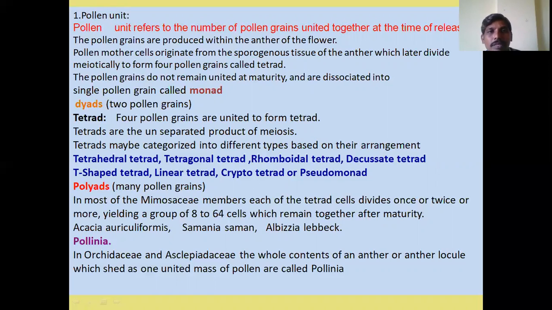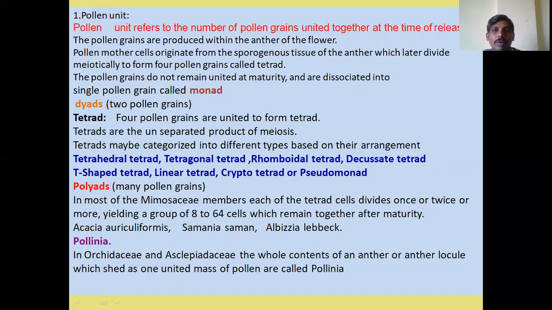The pollen grains are produced within the anther of the flower. Normally, PMC, pollen mother cells, originate from the sporogenous tissue of the anther, which later divide meiotically to form 4 pollen grains called a tetrad. Normally, one microspore mother cell, which is in diploid condition, undergoes meiotic division.